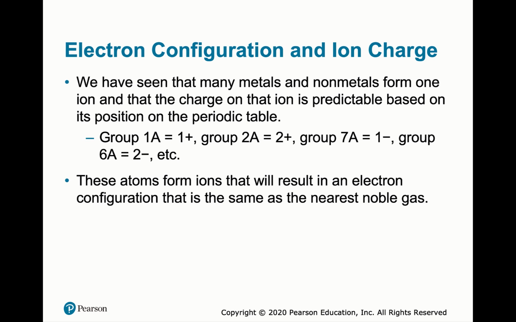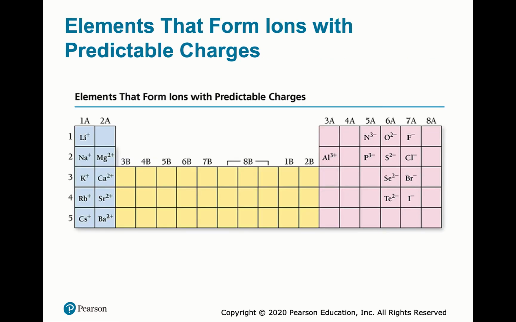They do this to have the same configuration as a noble gas. That's how they bond. In the picture here, you can see there's some predictability in terms of the bonding, and there are also exceptions. Boron's not listed; it's a weird element with its own behavior. But right now, this is a general trend that atoms follow with their ions and electronic properties.